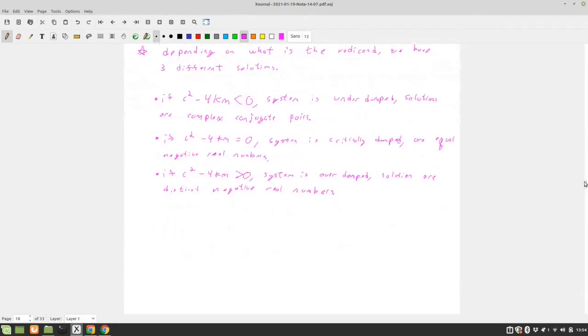Right, so there's 3 solutions: 2 cases and a special case.